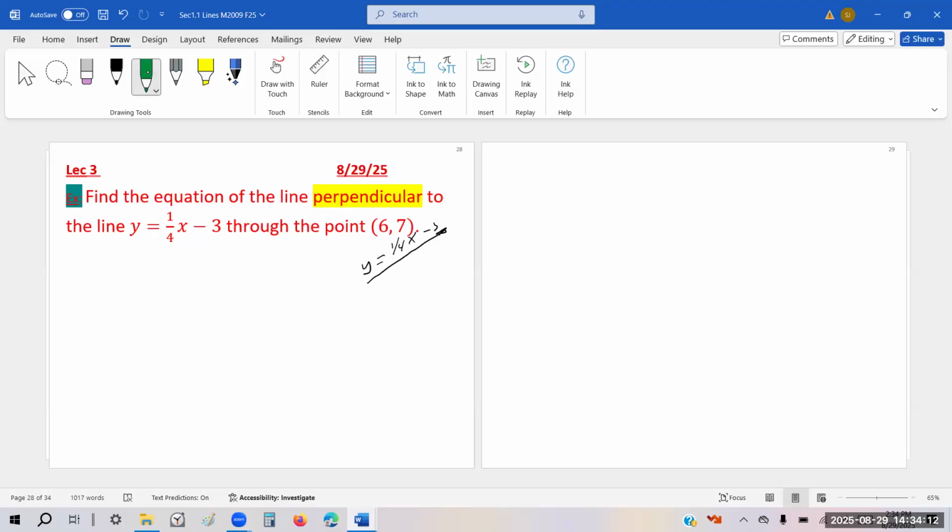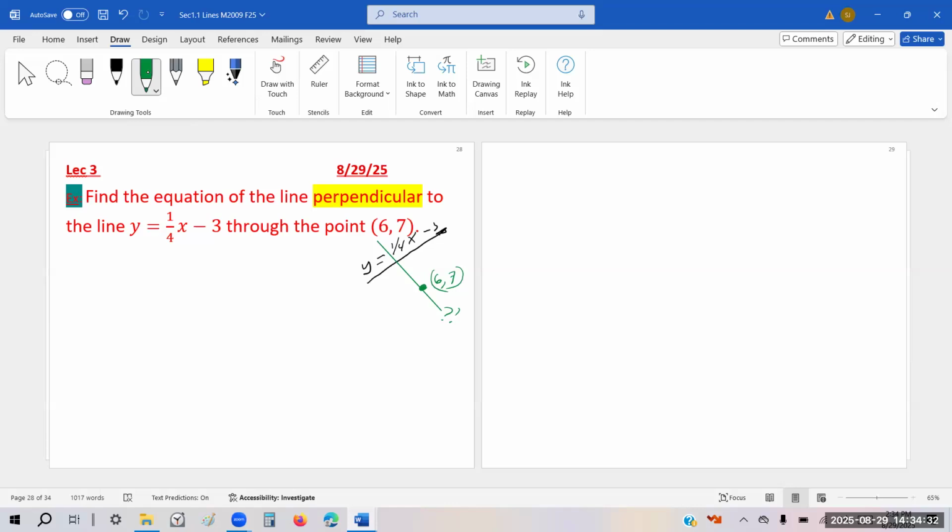We are looking for a line that is perpendicular to this line, and it goes through the point 6, 7. What's the equation of the line that is perpendicular to the given line?